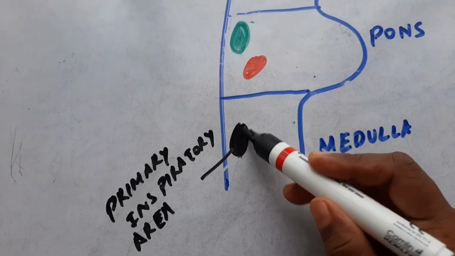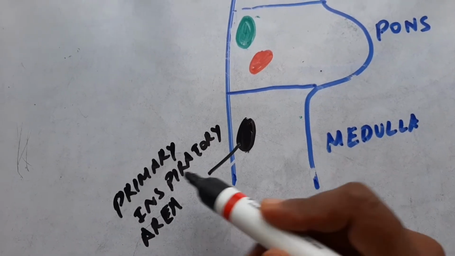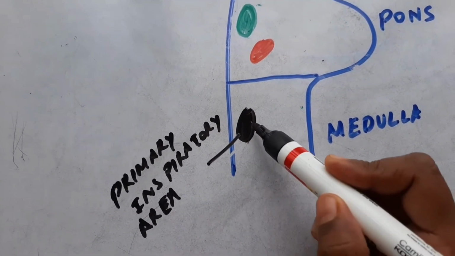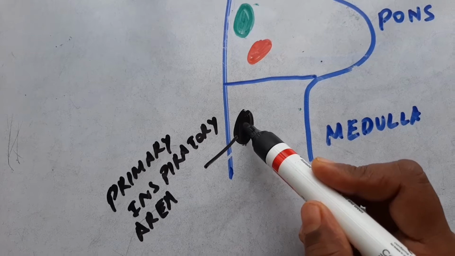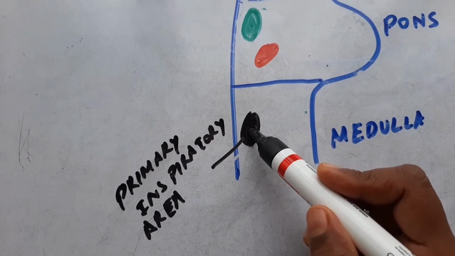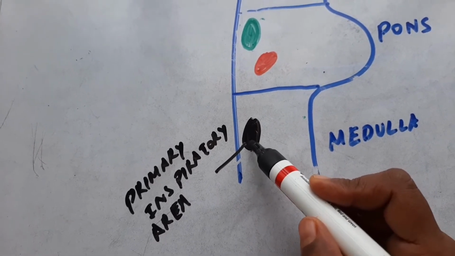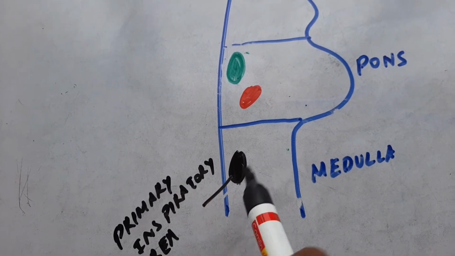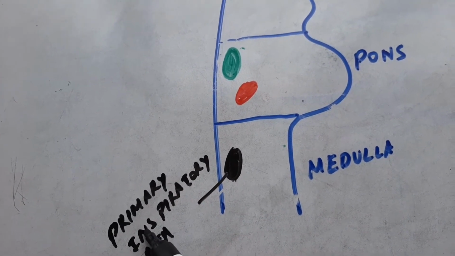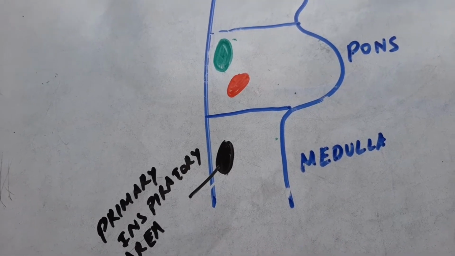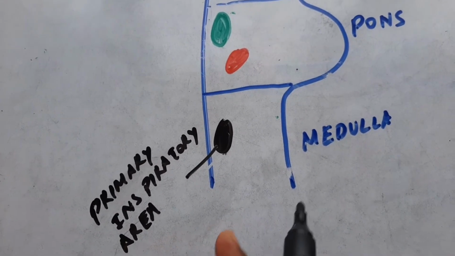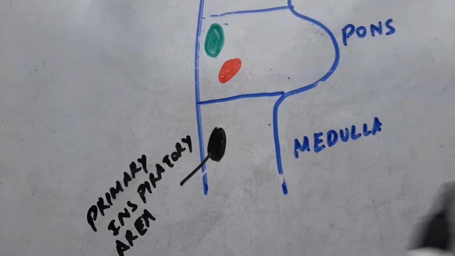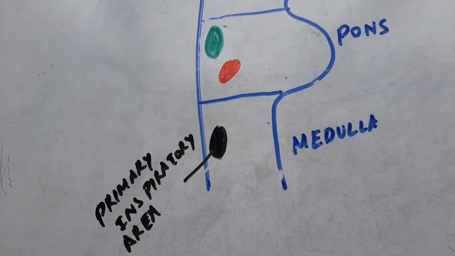Now this area which is in the medulla, this is the primary inspiratory area, which is a collection of a group of neurons, or you can say nuclei. So here is the main center that regulates inspiration, as it is the inspiratory area.